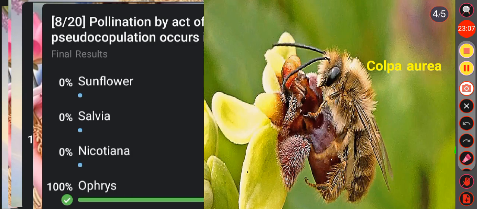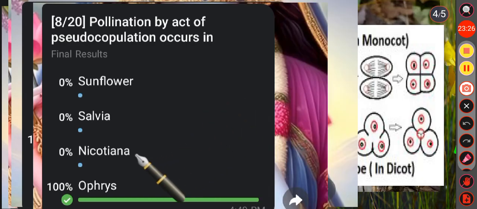So, pseudocopulation is a process that occurs when a male pollinator attempts to mate with the central petal of an ophrys orchid, which results in the transfer of pollen to other flowers. So, here the correct answer is option D, that is ophrys. Okay, so pollination by act of pseudocopulation occurs in ophrys orchid.